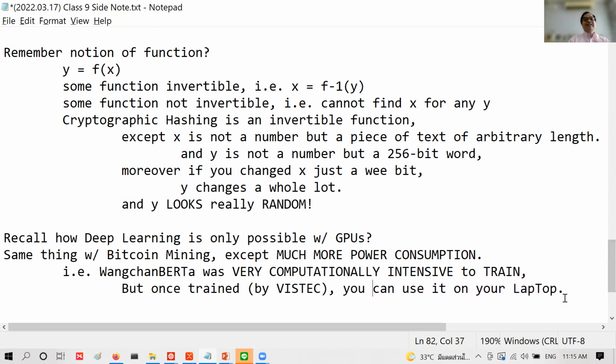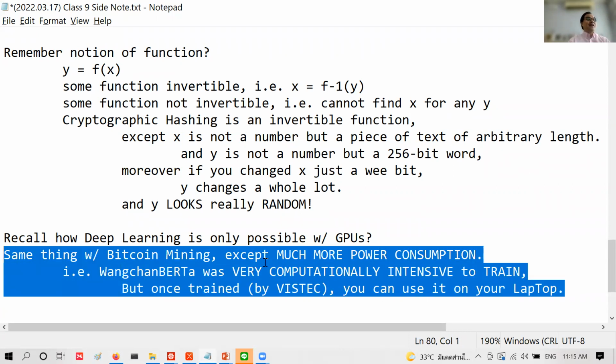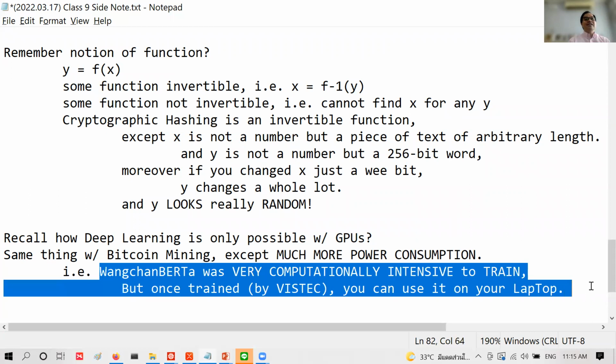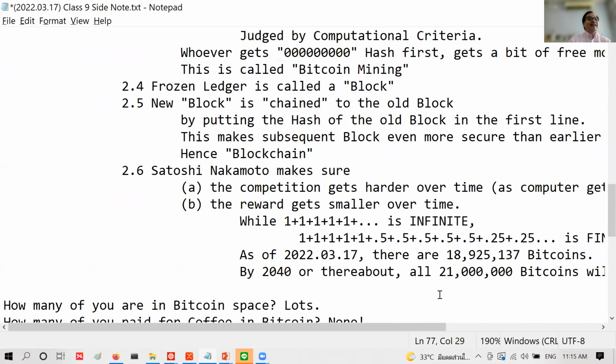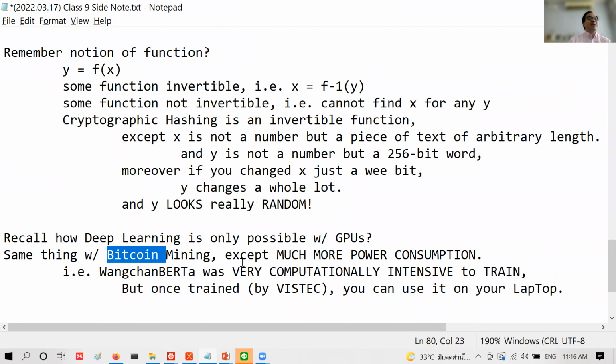Okay? So this thing is computationally intensive, but you just do it once. Whereas Bitcoin mining consumes much more power.